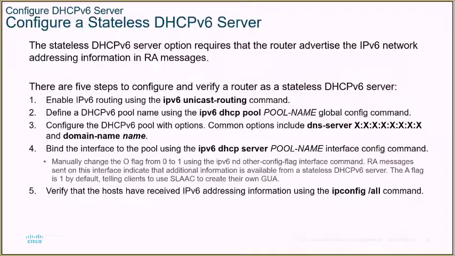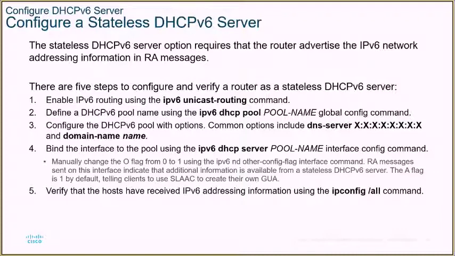The stateless DHCP server option requires that the router advertise the IPv6 addressing information in the RA message. So of course, to get that to happen, you need to have IPv6 unicast routing. Then you need to define an IPv6 DHCP pool and give it a name. And then, as I said before, typically the information you'd give would be a DNS server address and a domain name.